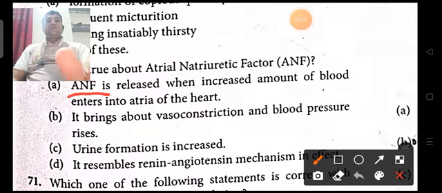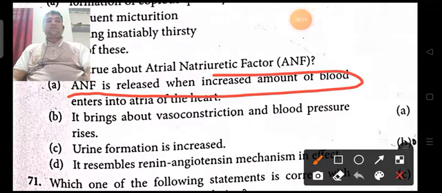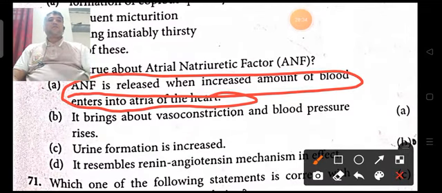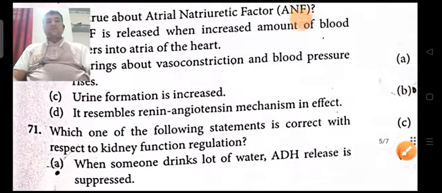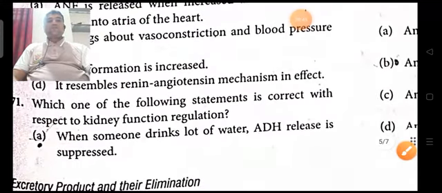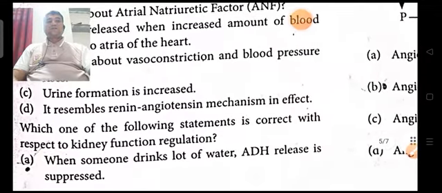So ANF is released when increased amount of blood enters into the atria of the heart. So that acts against the angiotensin.